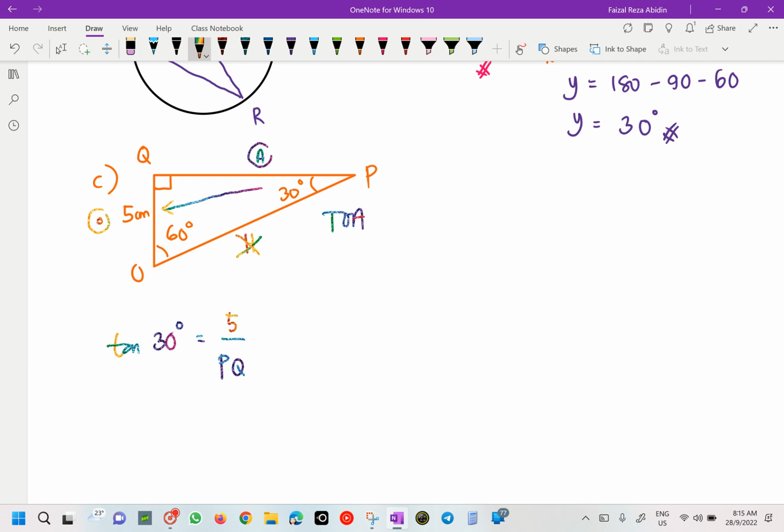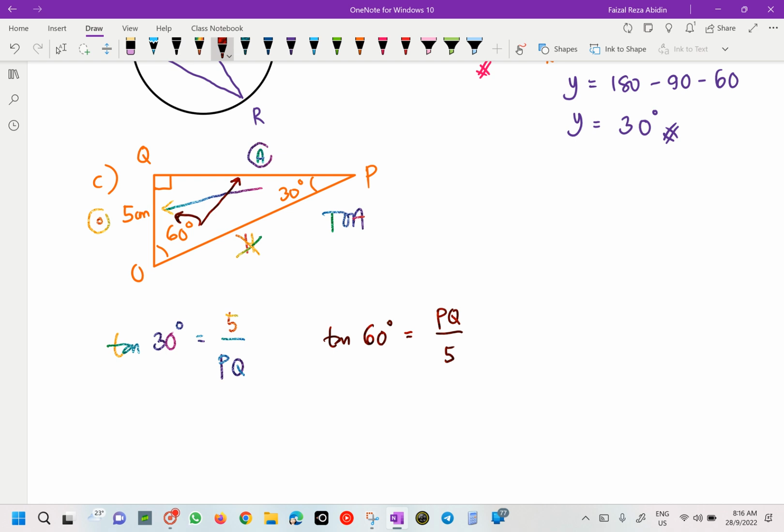But if you are going to take our 60 degree, tangent 60 degree means that your opposite is going to be what? PQ here. So over adjacent, this one is going to be 5. So it depends which angle you are going to take. So our adjacent and our opposite to the angle also going to be different, right?